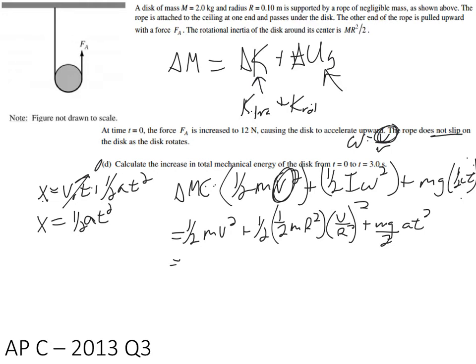I can actually pull out a half and an m from each of these terms. So 1/2 of m, v squared plus, well, this r cancels out with that r.